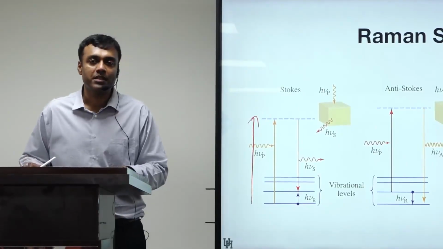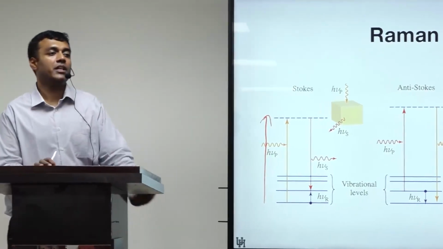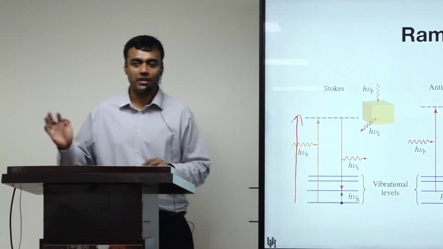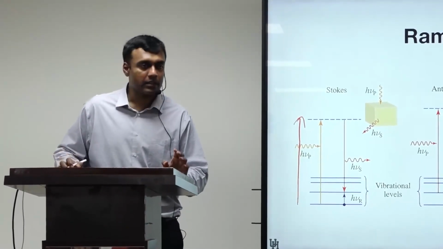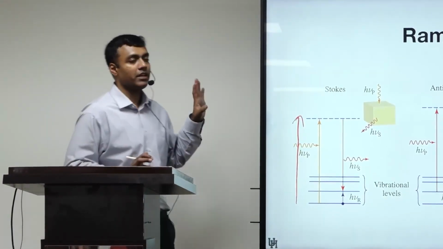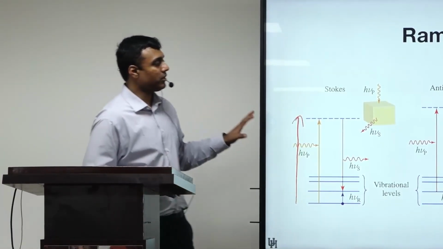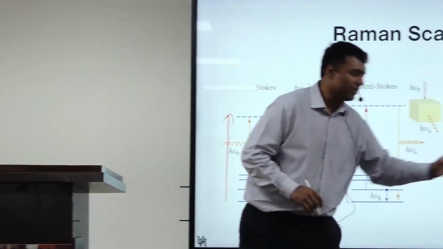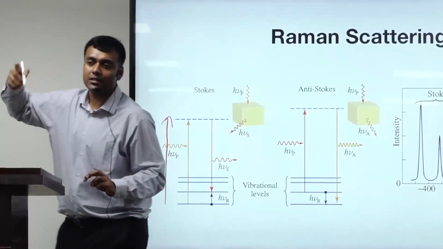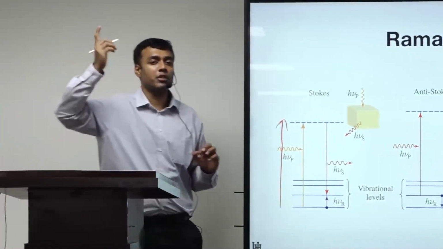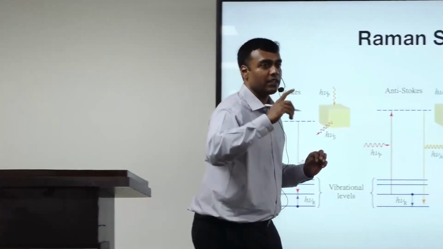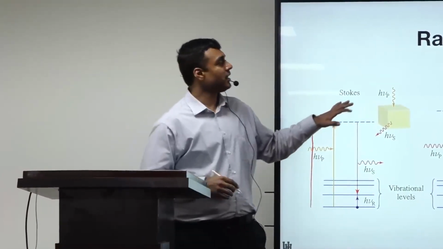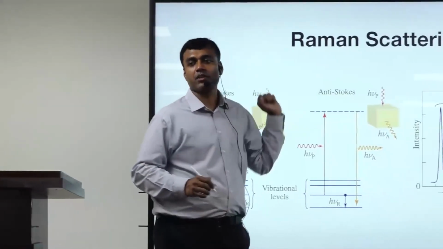There are imaging systems built based on Raman scattering, which we'll get to next time. But the phenomenon of Raman scattering is also a very useful one. The peaks here are similar to the absorption peaks that you saw in vibrational transitions. Raman scattering is also a version of vibrational spectroscopy.